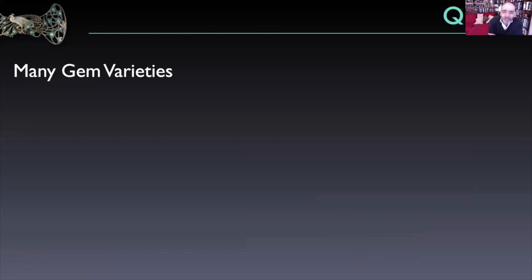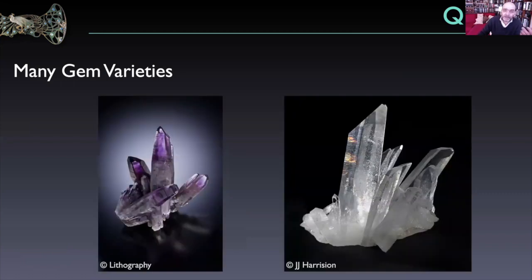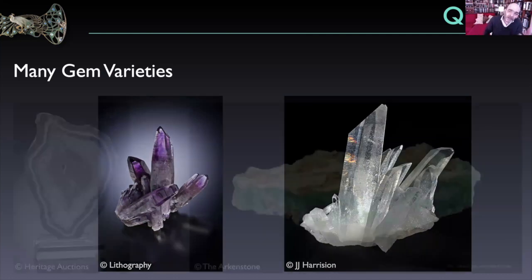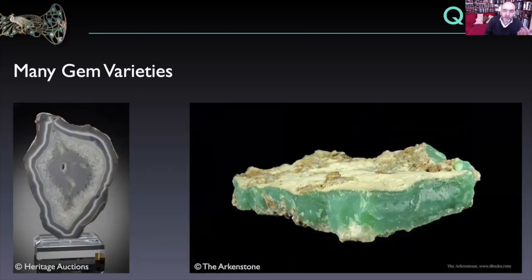Quartz is very abundant. We talked about it on the last webinar, and we have a lot of gem varieties. He didn't use all the gem varieties, but he used a lot of macrocrystalline varieties like amethyst and like rock crystal, and microcrystalline, or if you want cryptocrystalline, depending on the case, quartz, which you must recognize.